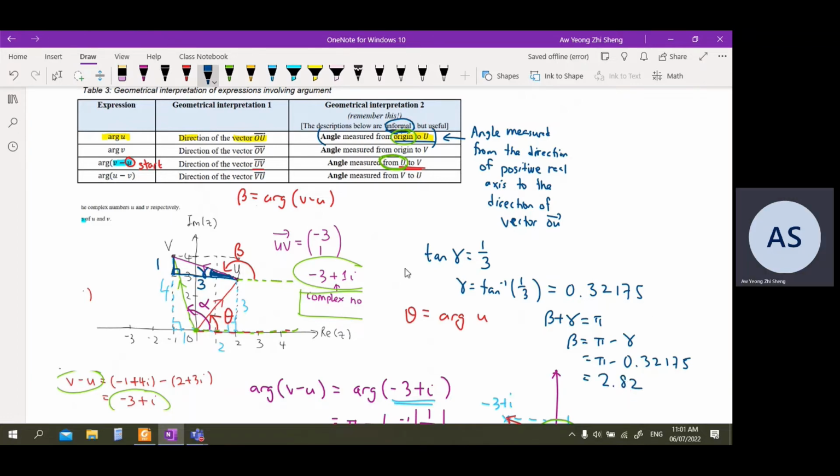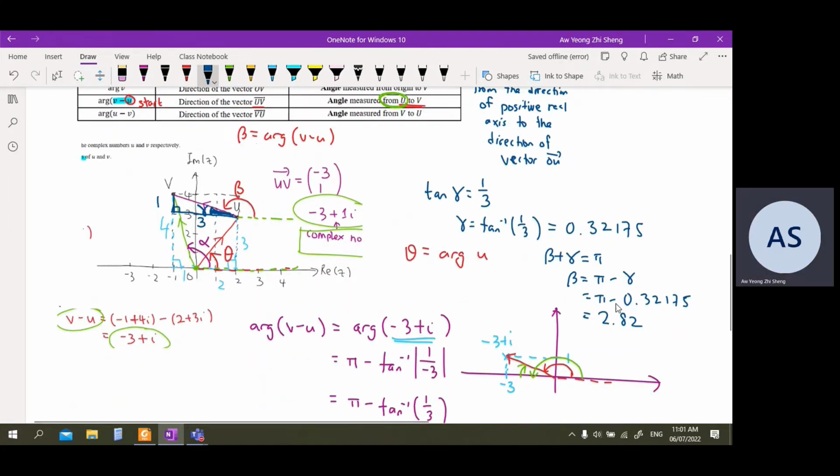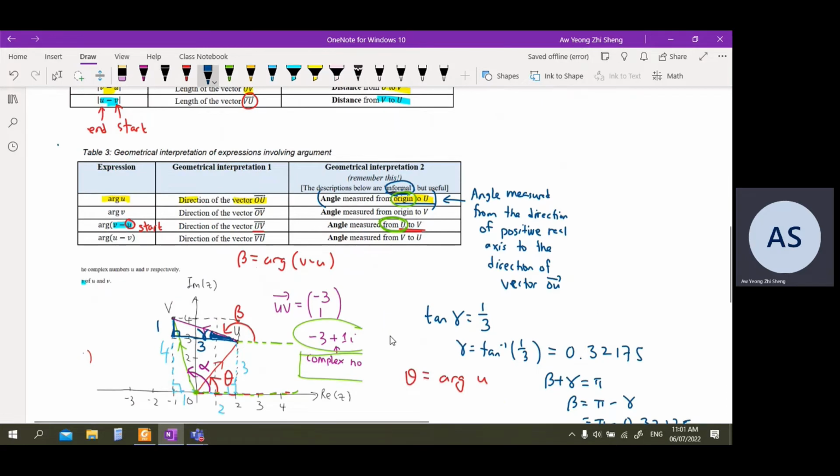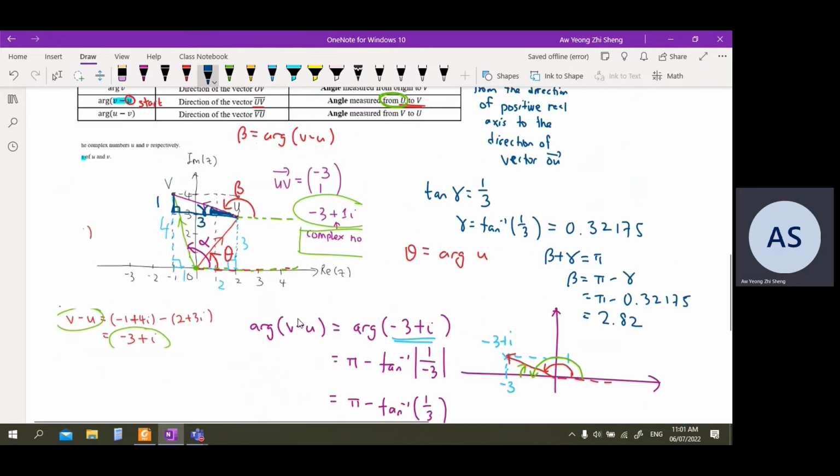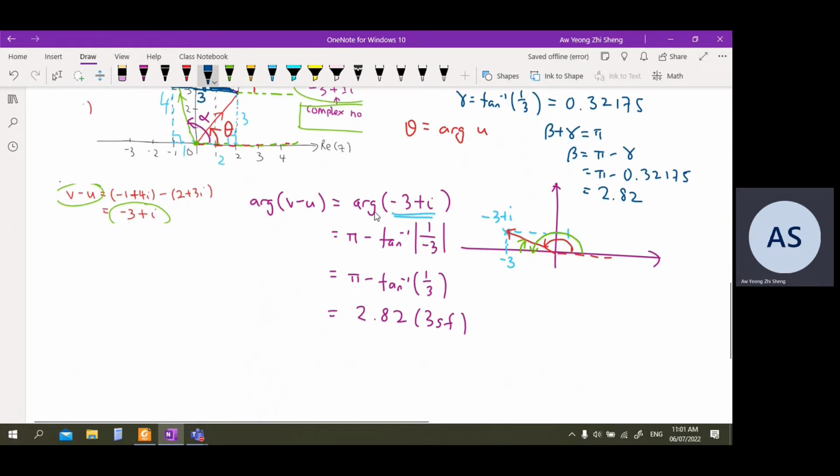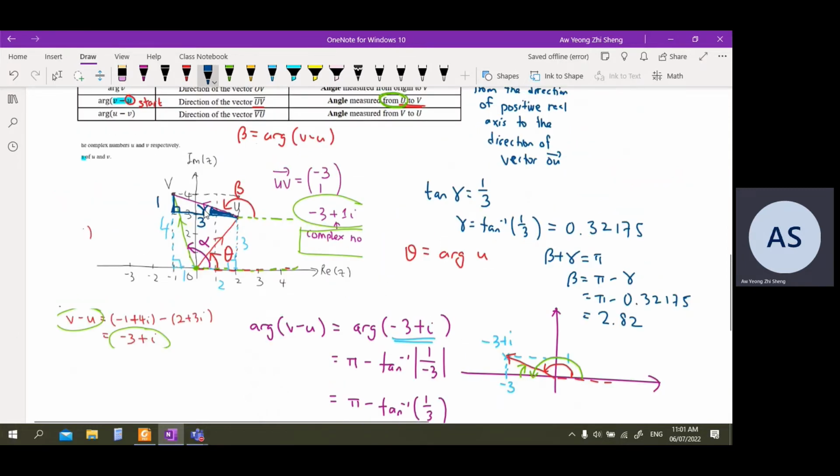So I hope now you are convinced that the geometrical interpretation given in table number 3 on page 16 is actually correct. Whether you calculate the argument of v minus u the traditional way, or you just use your Argand diagram straight away, both methods will give you the same answer.